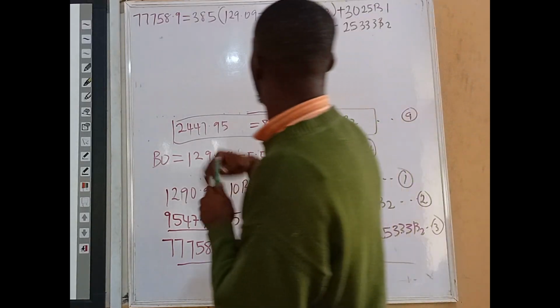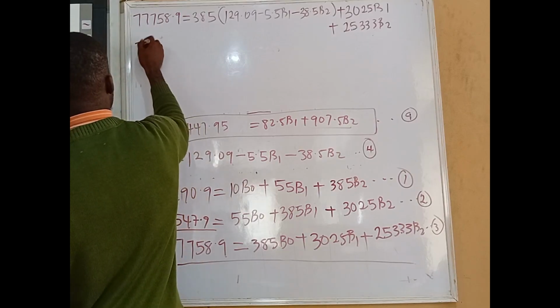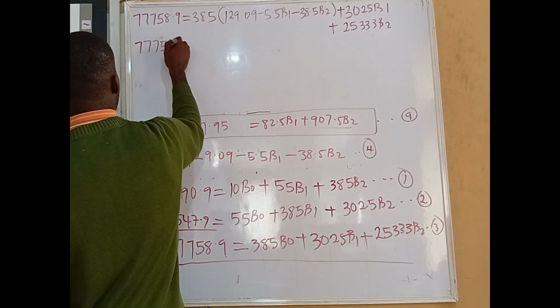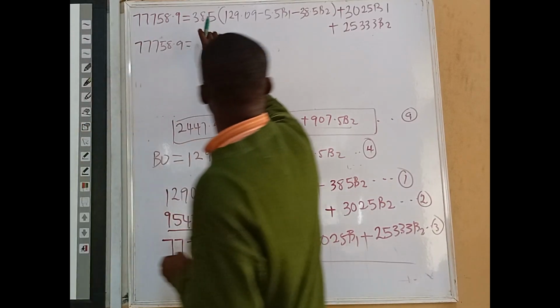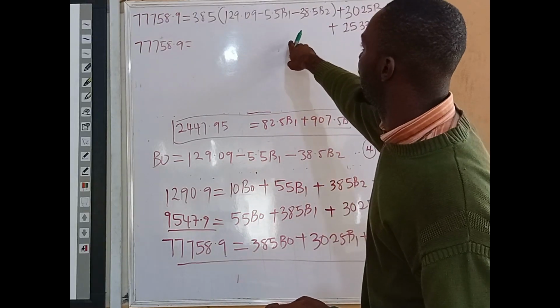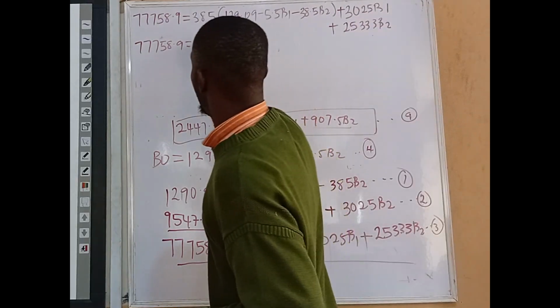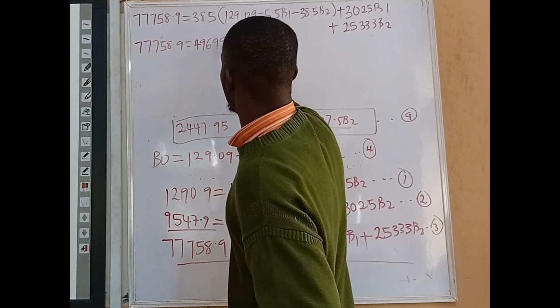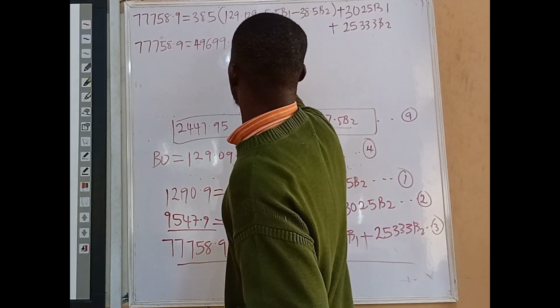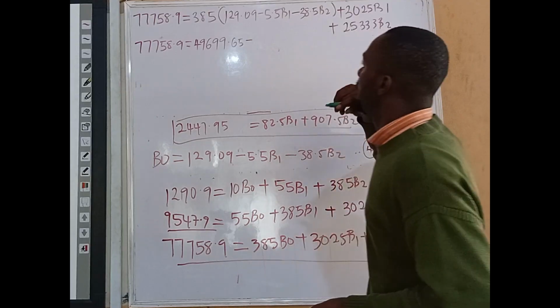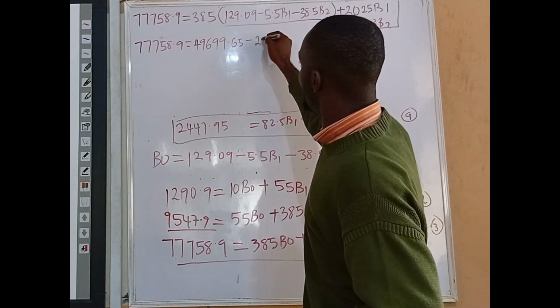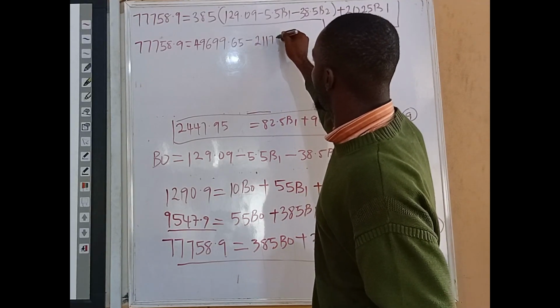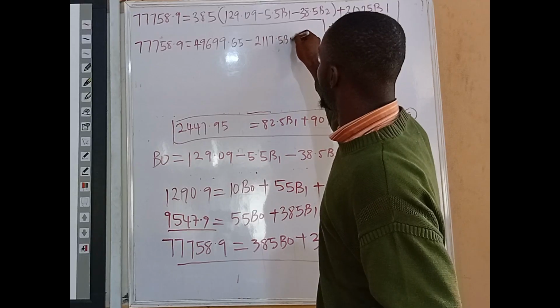So we now put the bracket also here. So we now have 77758.9 equals 49699.65. Then minus 385 times 5.5, 2117.5 B1.